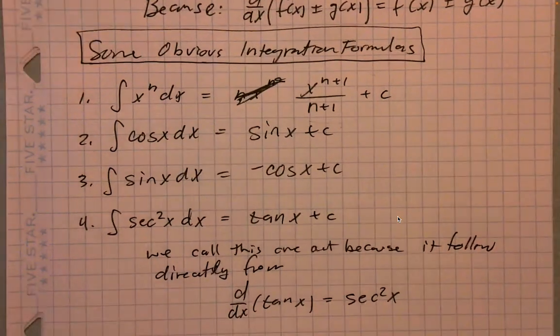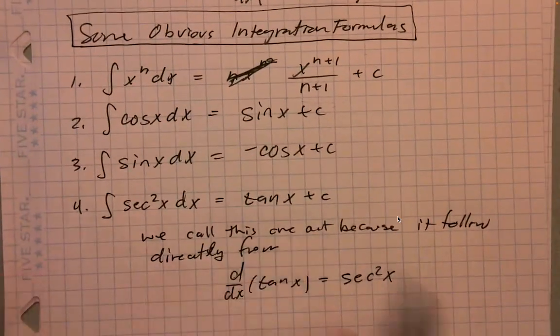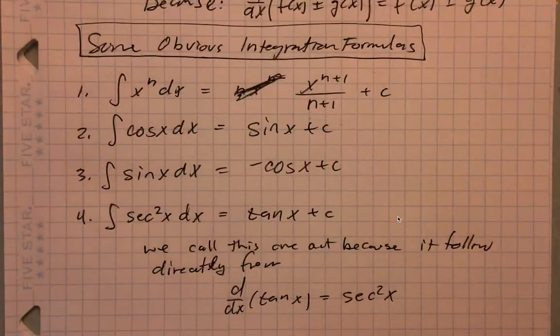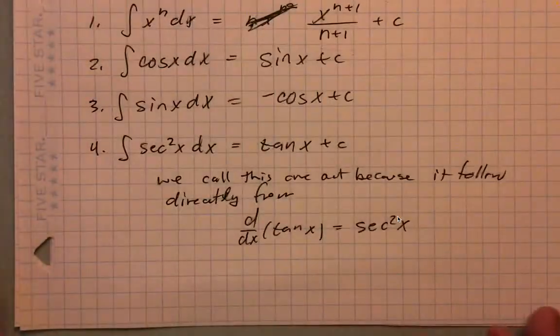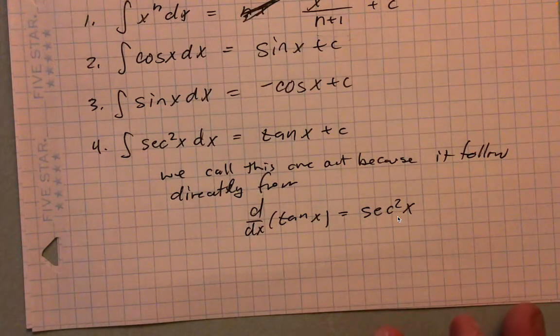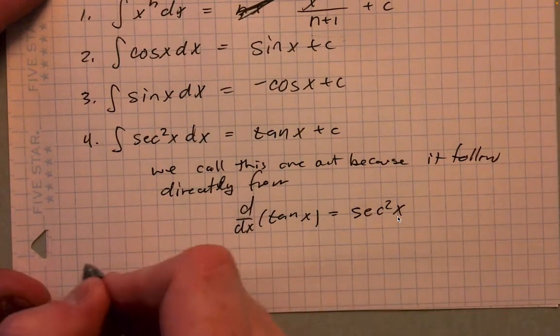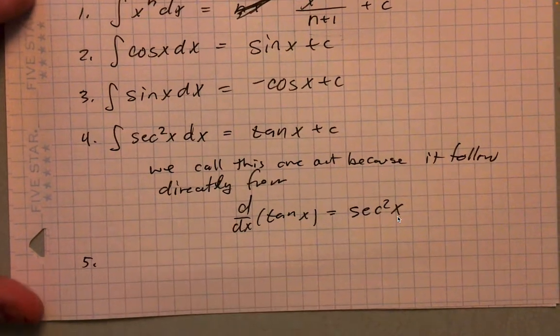And therefore the integral of secant squared must be tangent, right? That's the wavelength we're on right now. We're not coming up with all of the deep integrals yet. We will get into those, don't worry. We're just going to pull these out so that it's clear where we're starting and what we already know.